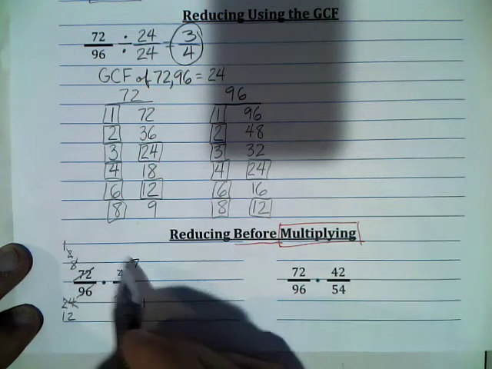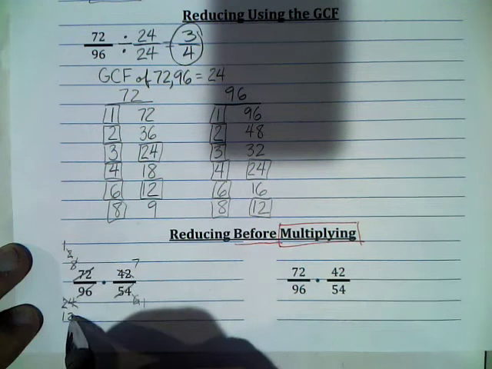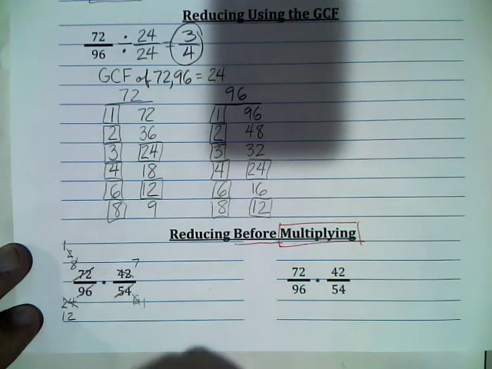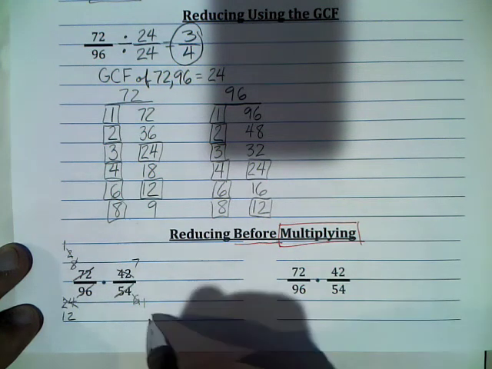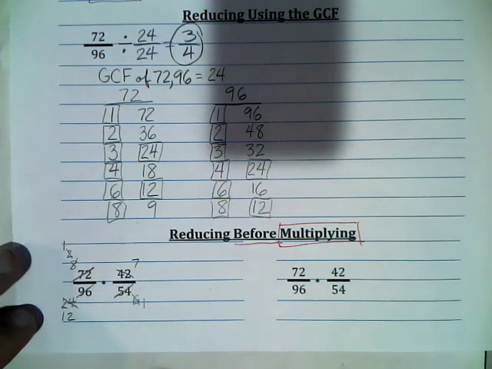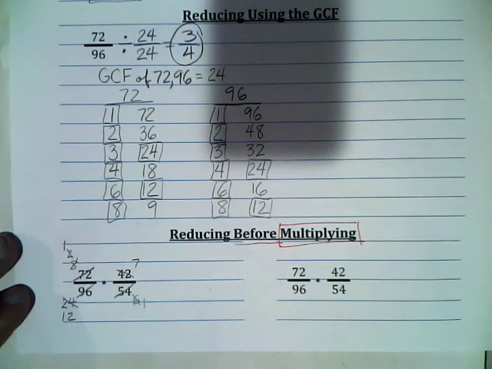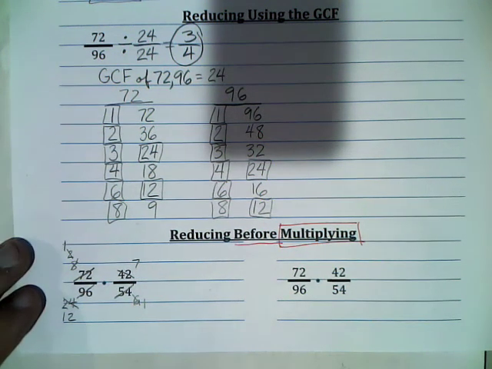Now I got a 1 and a 7 up top. I got a 12 and a 1 on bottom. So 1s are as reduced as we can get. Once you get a 1, that number is done being reduced. So the only things we have left here that can be reduced are the 7 and the 12. So is there anything that goes into 7 that goes into 12? No, there isn't, which means that we have reduced this as much as we can.